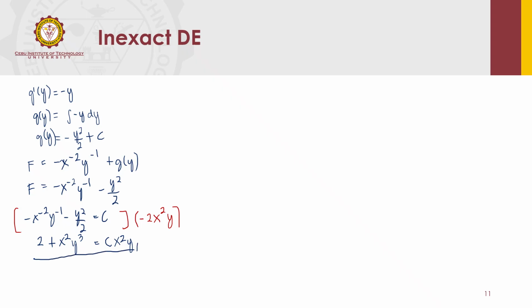So we can actually check if our solution is correct or not, but this is not required. If we're going to check, we start with this expression using the exact differential equation.